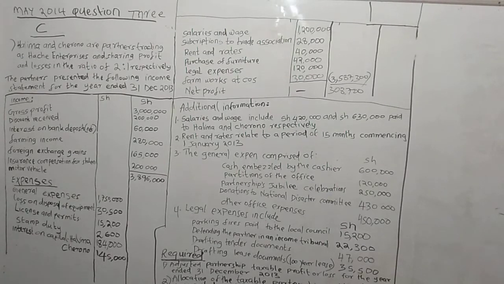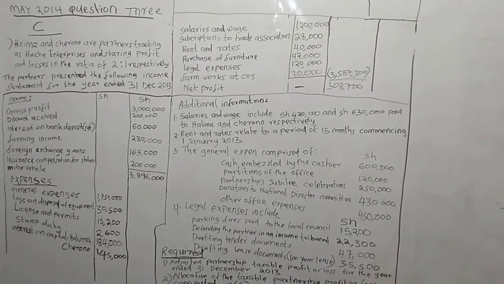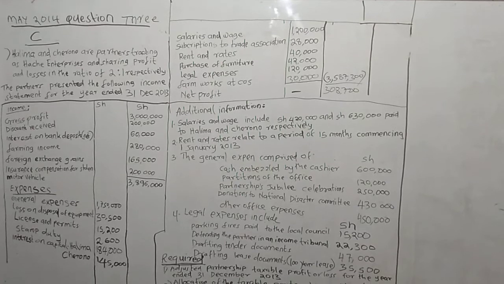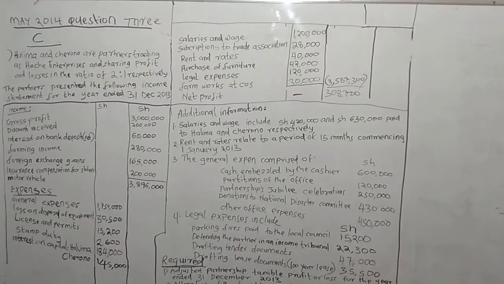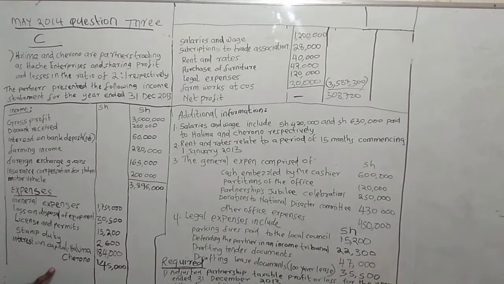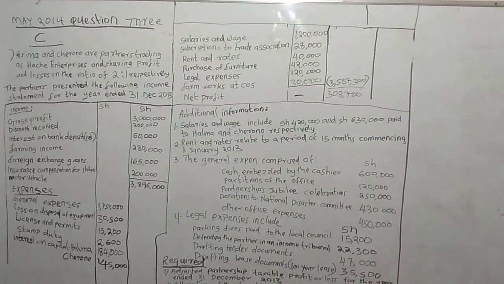We have the expenses. General expenses 1,750,000, loss on disposal of equipment 30,500, license and permit 15,200, stamp duty 2,600,000, interest on capital: Halima 184,000, Shirono 145,000.